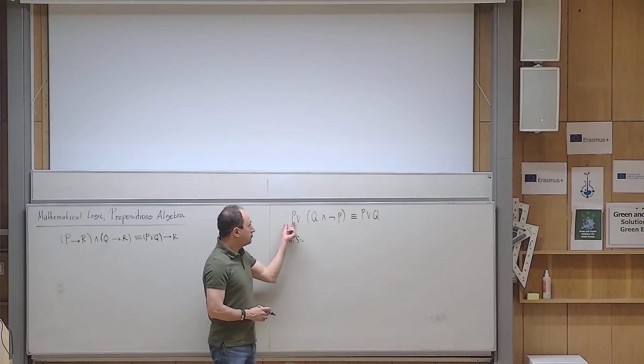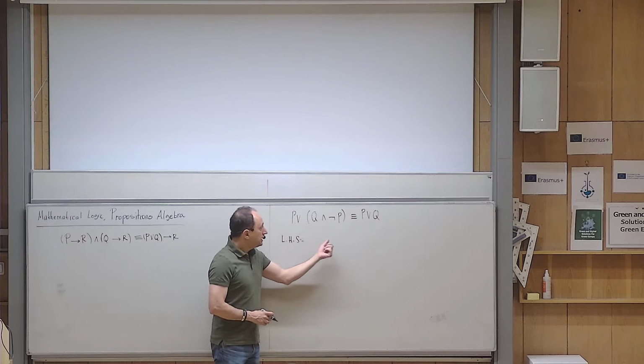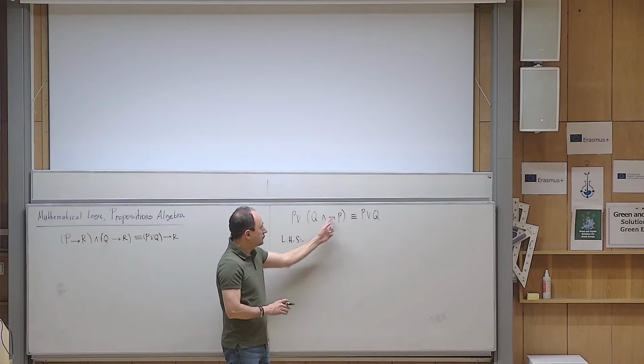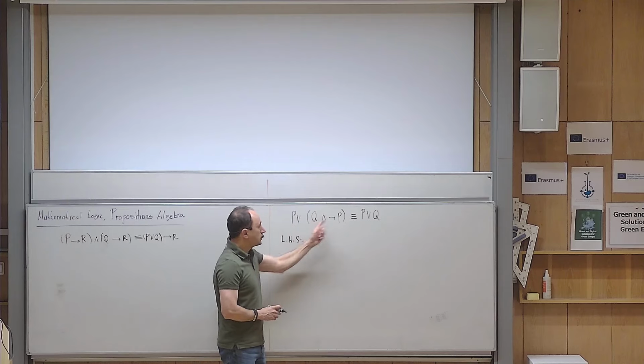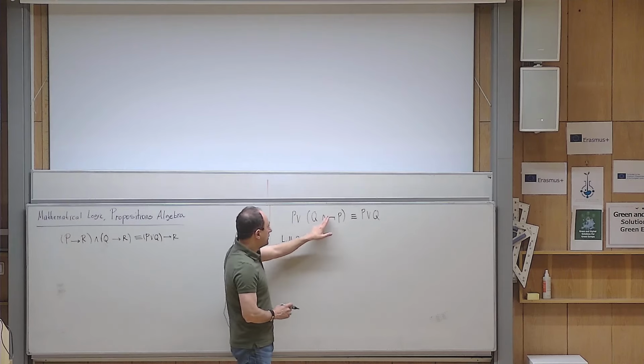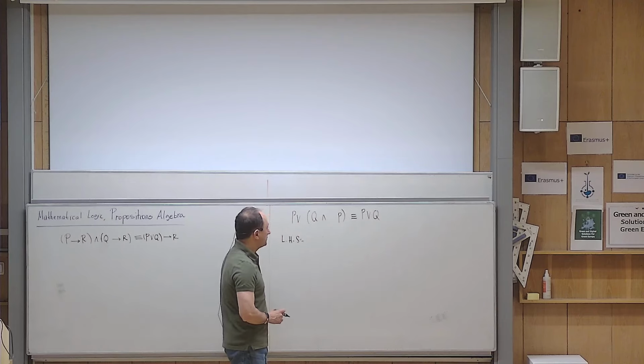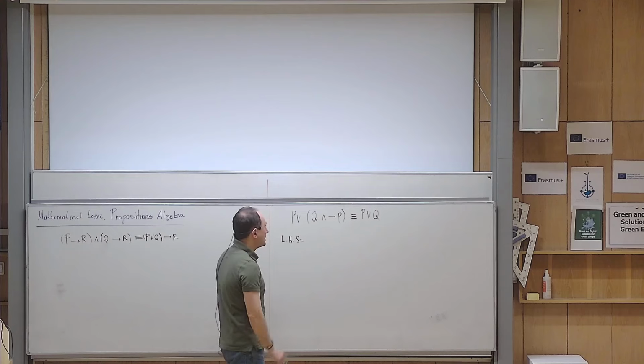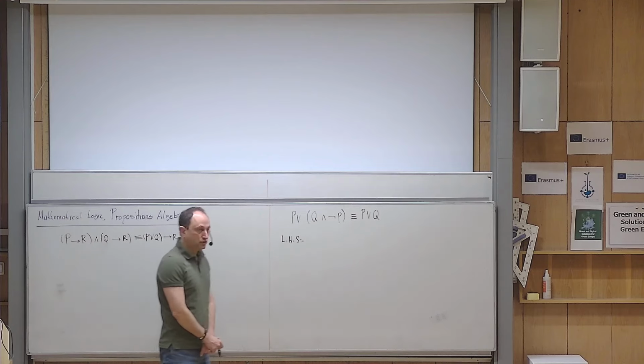So here I have P, here I have Q, here I have not P. I don't have P itself, I have not P. So this is not the absorption law. If it was just P, what was the answer? Just P because of the absorption law, because one of them is repeated. But now this is not repeated, so this means definitely it is distribution.